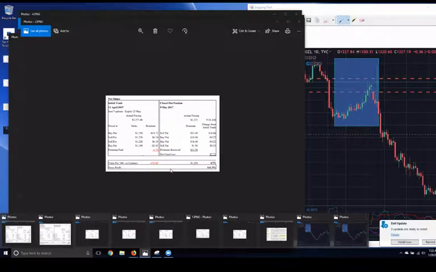The problem is, when do you do it? Because options are very timing oriented. You can't just go out and nakedly buy options. The system that I use, and I'm not selling anything here, I'm just sharing a little information. I like doing this. The system I use originated in options.